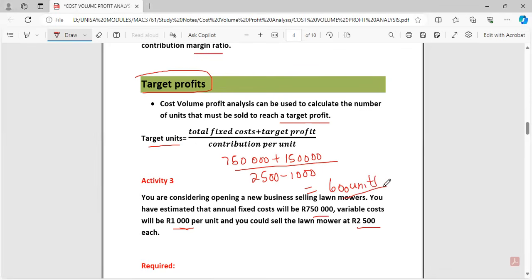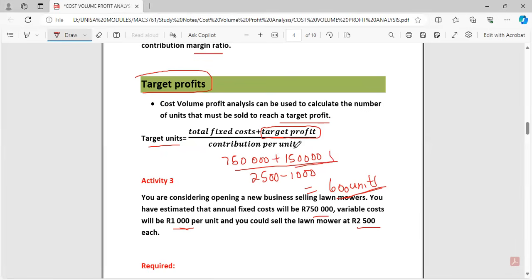So if the question requires you to calculate with target units, you just need to add your target profit to your fixed cost. Then it means when you make 600 units, you are going to cover the fixed cost and make a profit of 150,000.